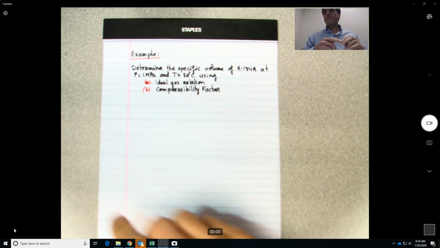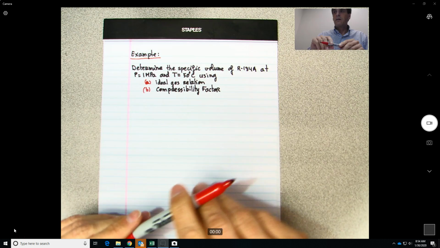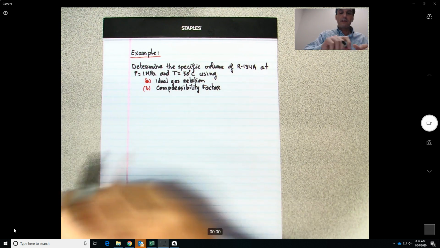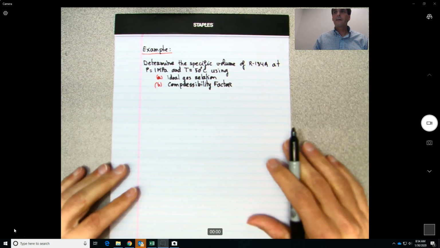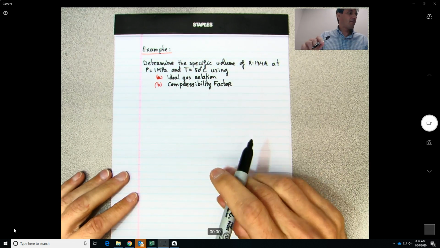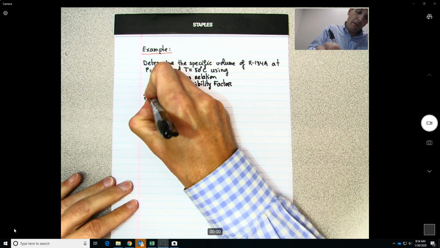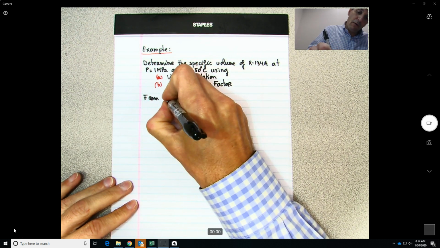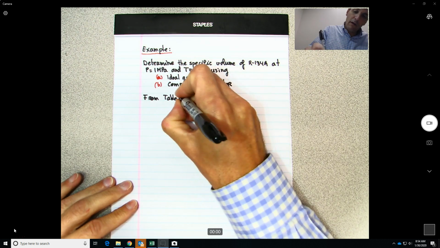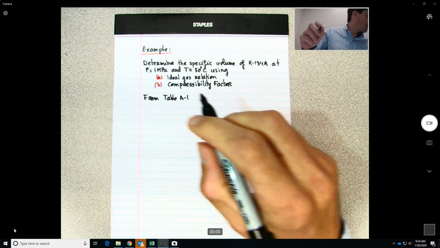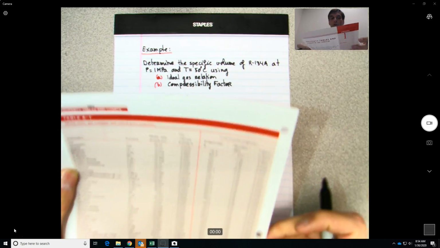Okay. So maybe before we start the problem, let's get the data that we need. So we can say from table A1, which I will show you now. Here we go, table A1.